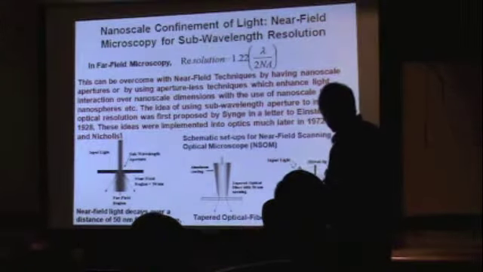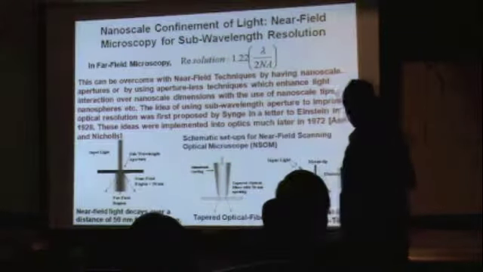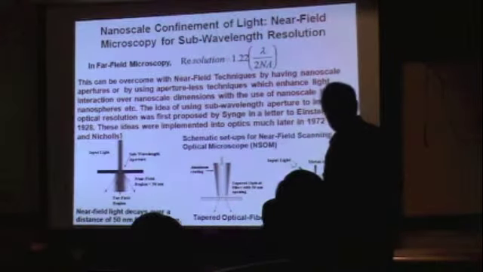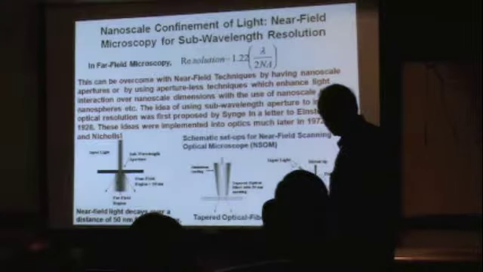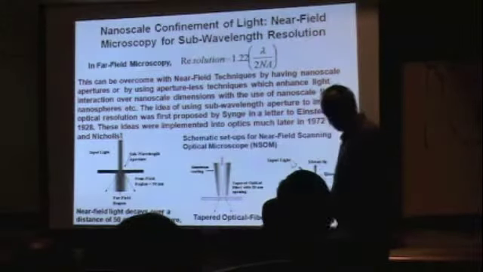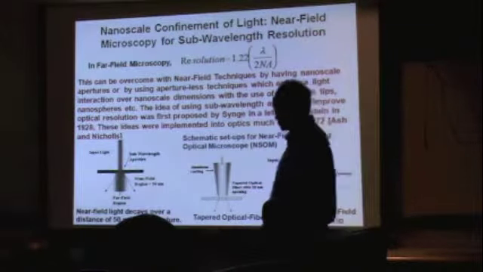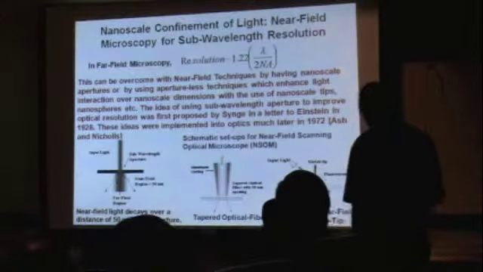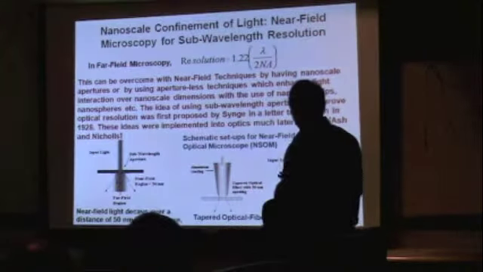You have some extra radiation that you don't see at long distances. So just by moving this metal tip, you can make that near field light interact with particles of the substrate, and you can see by that technique as well. So these are techniques of near field microscopy.